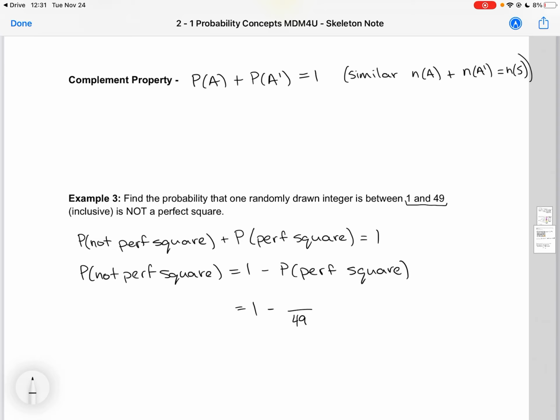So I've got 49 options to choose from. Only 7 of those are going to be perfect squares. So let's list them. So we've got 1, 4, 9, 16, 25, 36, and 49. So 7 numbers, which means that 42 out of 49 times, I'm going to choose a number that is not a perfect square.